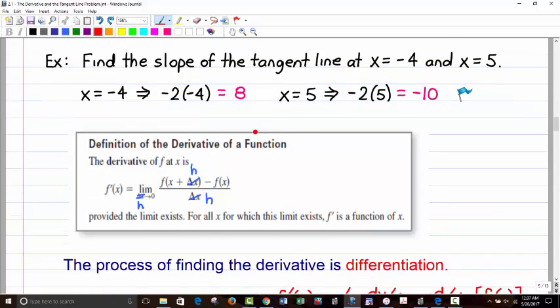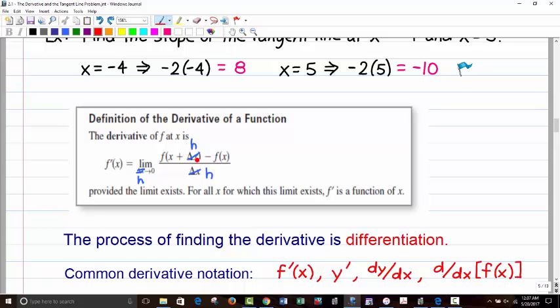Now you see, this is where I crossed out these delta x's because I like to use h instead of delta x.